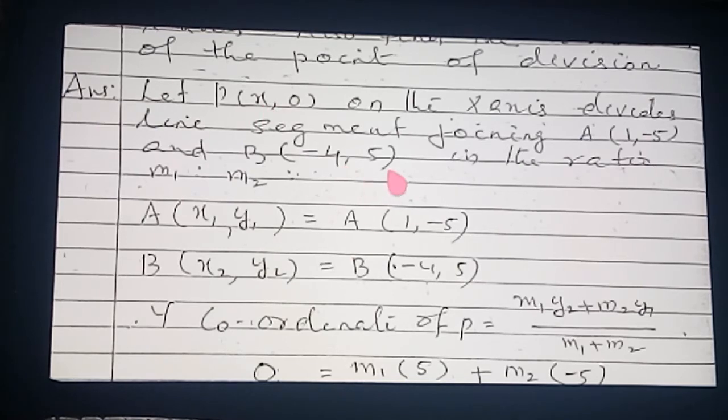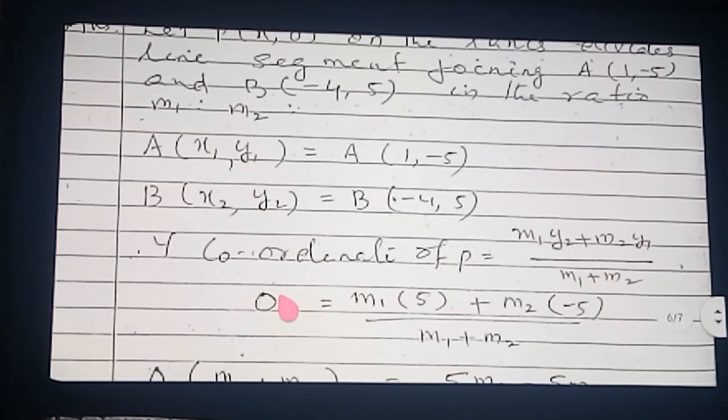And here one point you listen: the x coordinate is not known. So if we write the x coordinate of the point P, all the values will be unknown. But which coordinate are you knowing at present here? The y coordinate. What's the y coordinate? 0. Therefore the y coordinate of P you write here. Therefore y coordinate of P is equal to (m1 y2 + m2 y1) divided by (m1 + m2). Clear?